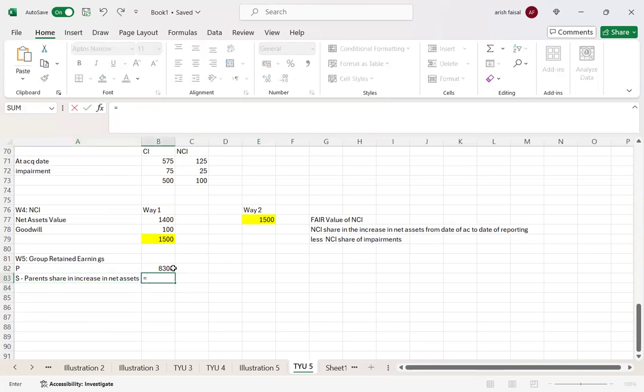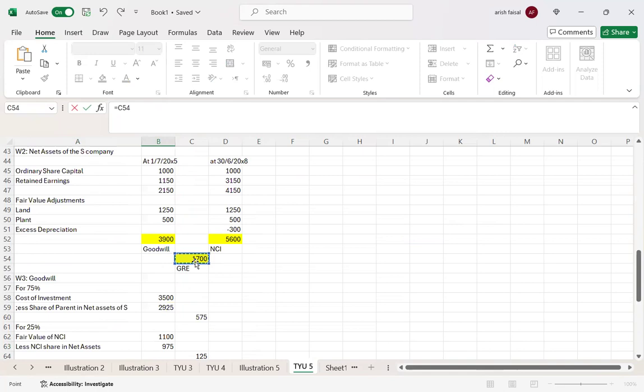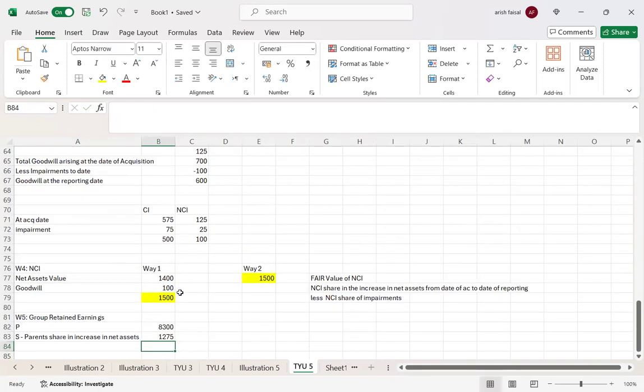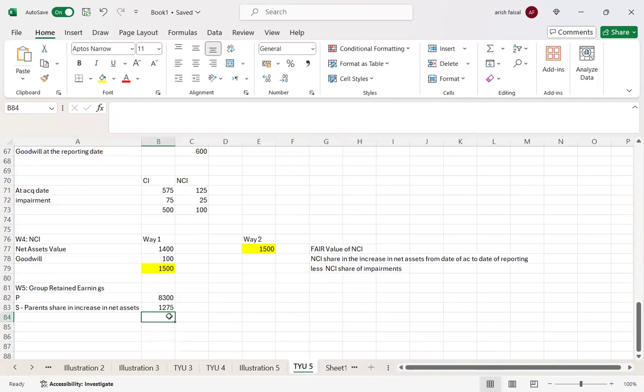As we already figured out, that figure was 1,700, and from that 1,700 our share will be 75%, so 0.75. So it will become 1,275. So the total group retained earnings will be this plus the subsidiary part, which is 9,575.